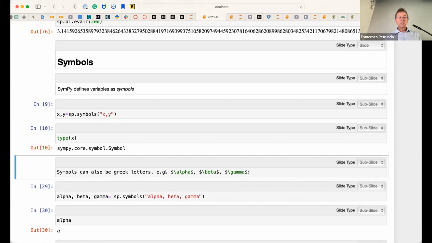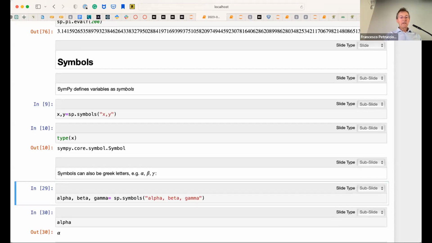This Jupyter Notebook allows you to use a markdown language to write the comments, and the markdown language is very similar to LaTeX. So for instance, alpha is \alpha. If you run it, it gives you alpha, beta, gamma, like you had there.